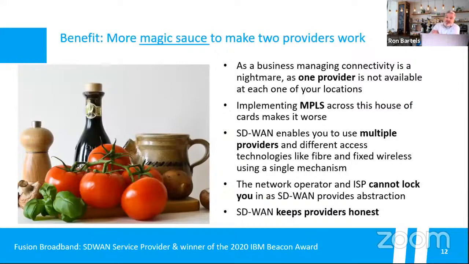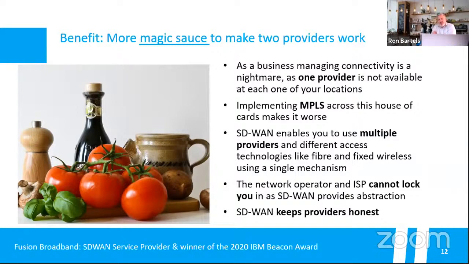The next thing is, how do we actually make 2 providers work? Well, there's some magic sauce involved. For example, when you are enabling something like MPLS, you don't have that magic sauce to be able to connect to it.